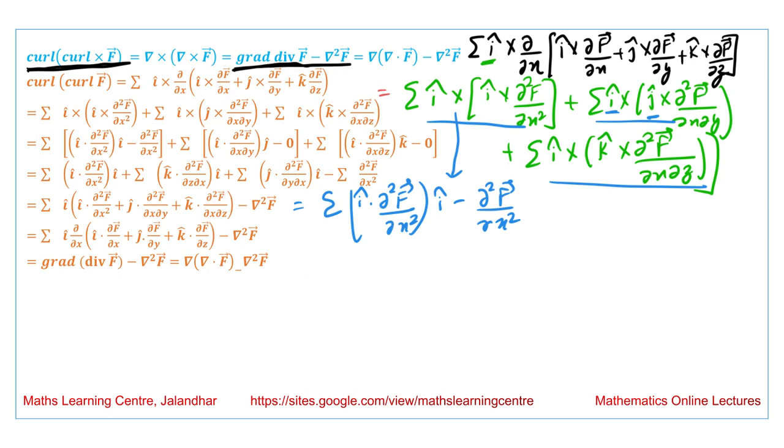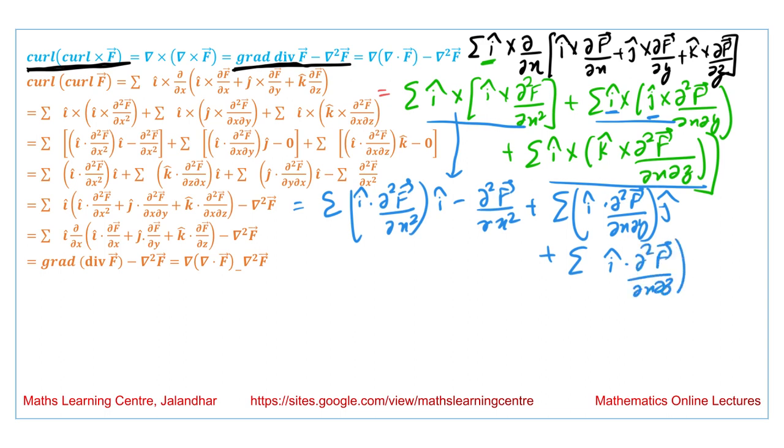So we are left with sigma i cap dot ∂²f vector/∂x∂y into j cap, and the last term is sigma i cap dot ∂²f vector/∂x∂z into k cap, where the second term will be 0.